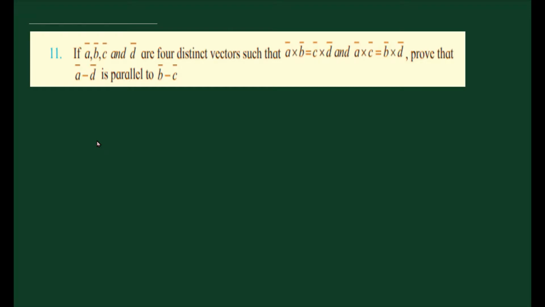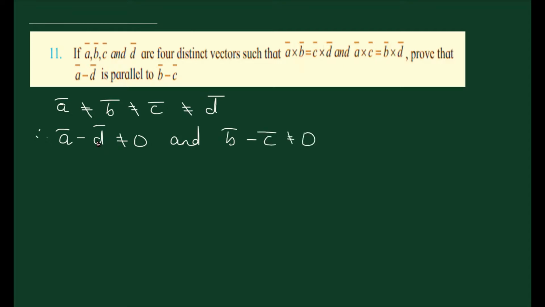So here A, B, C and D are distinct vectors, that is, different vectors. So we say A is not equal to B, which is not equal to C, which is not equal to D as well. All of them are different vectors. Therefore we can also mention that A minus D is not equal to 0, and also B minus C is not equal to 0.